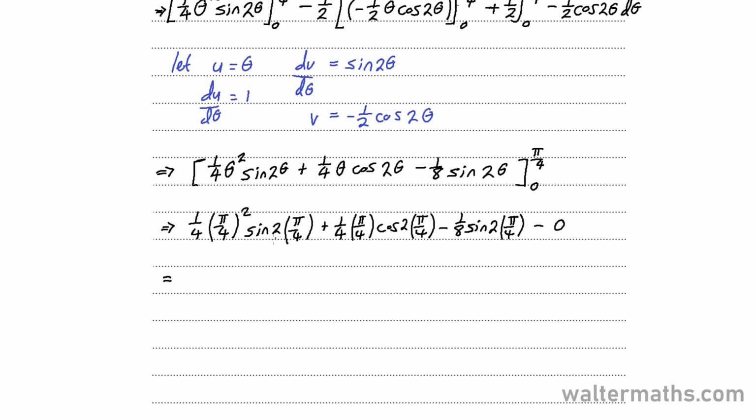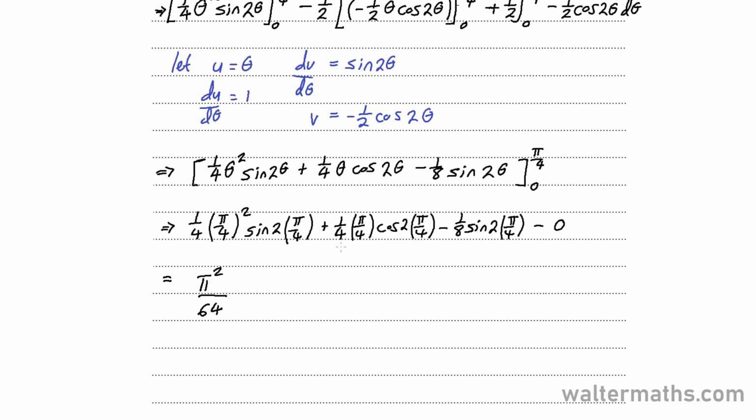Now for this part, sine of 2 of pi over 4 is like sine of pi over 2, which gives us 1. So here we'll just have a quarter of pi over 4 squared times 1. So we just get pi squared over 64 from this. And on this part, cos of 2 of pi over 4 is like cos of pi over 2, which gives us 0.